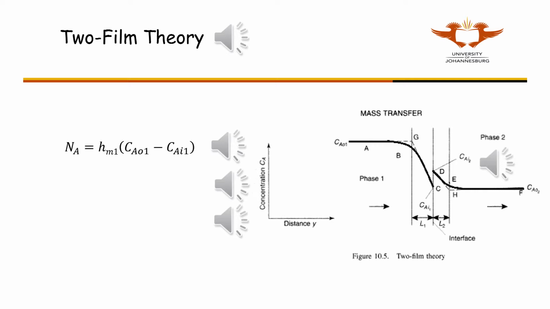The mass transfer equation, using a mass transfer coefficient, can be written for the gas in phase 1. The equation can also be written for the liquid in phase 2.